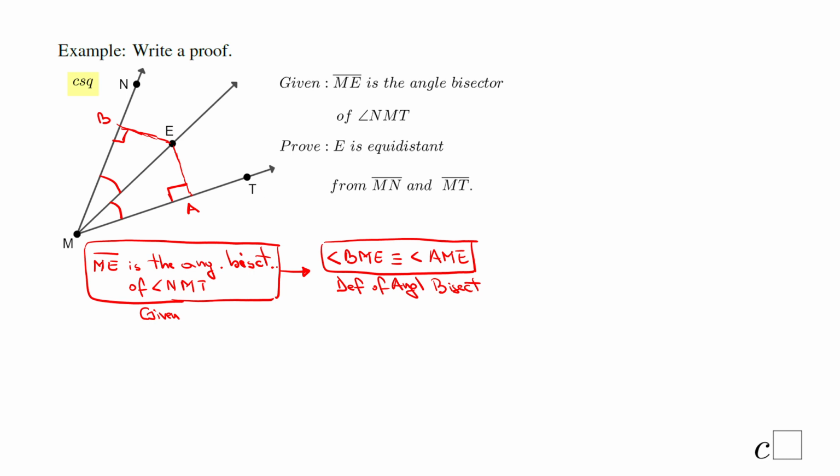So let me write that like this. Measure of angle MBE equals the measure of angle MAE, and those two angles are right angles.